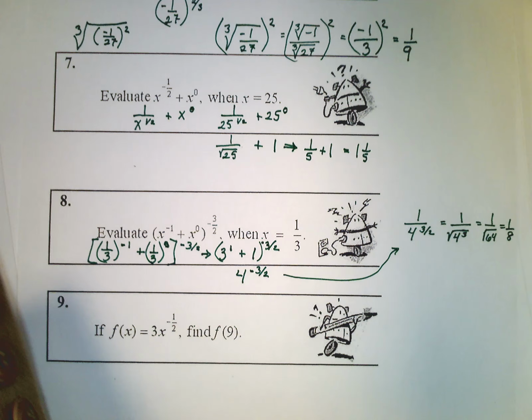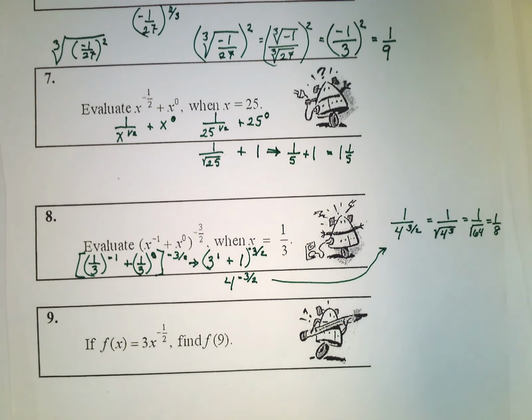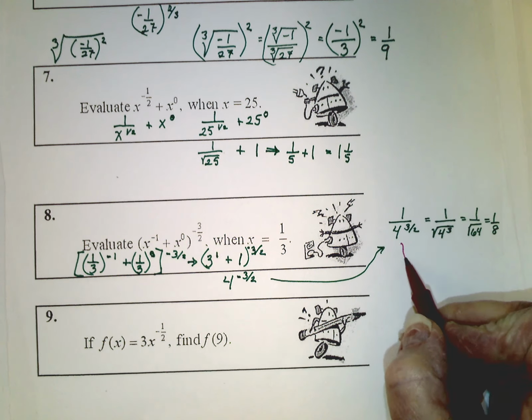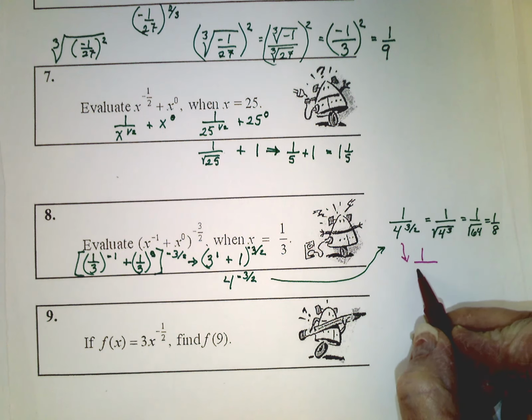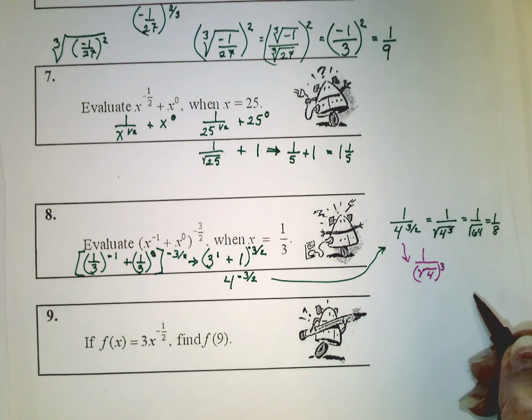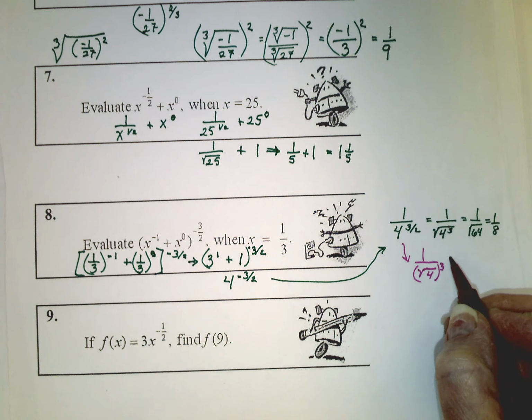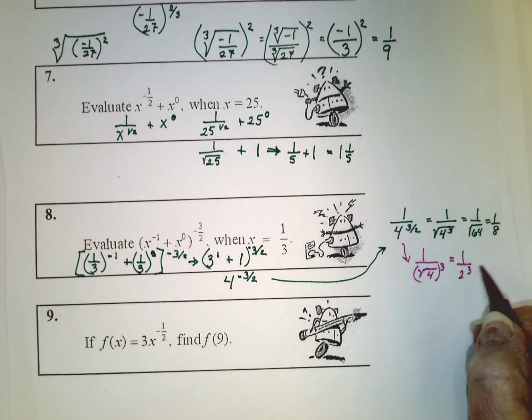Or, if we don't like that, we could write it as 1 over the square root of 4, that answer being raised to the 3rd power, which would be 1 over 2 to the 3rd, which still comes out 1/8.